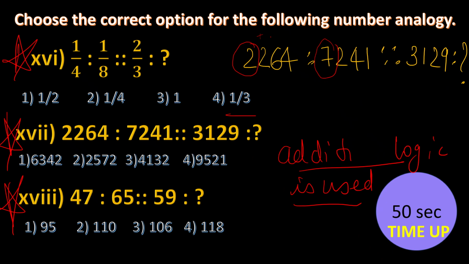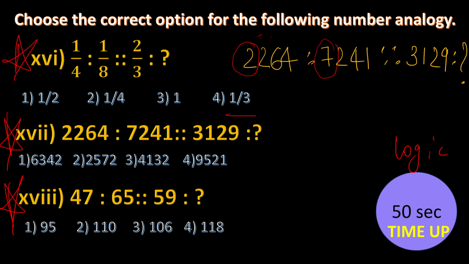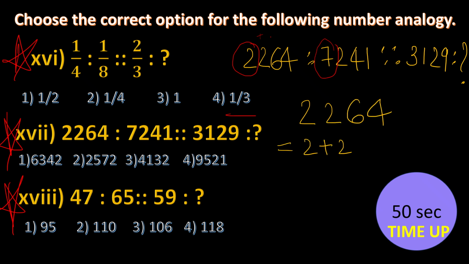So what they have done here in this question is they have added within the numbers. Okay. So 2264 is there, correct? They have done 2 plus 2 plus 6 plus 4, which will give you 14 as the sum.